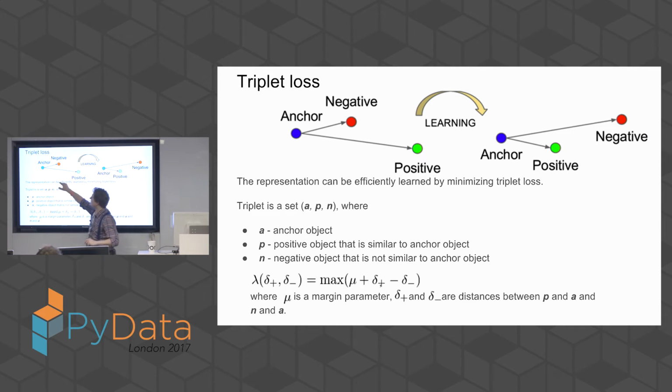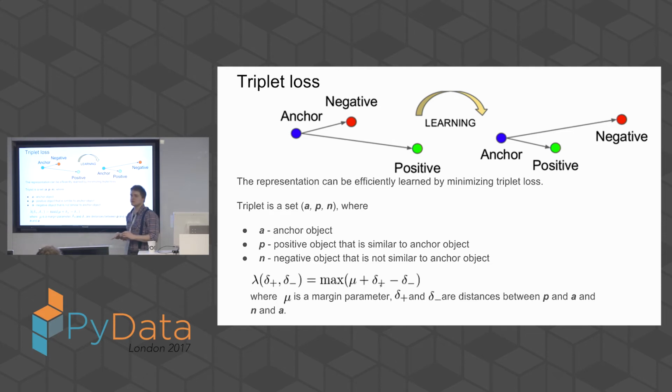It takes some object in the data set as an anchor object. Then it finds one negative and one positive example. In this case, positive means in the same class, and negative means in other classes. It tries to draw the positive sample closer to itself and the negative sample far away from itself.